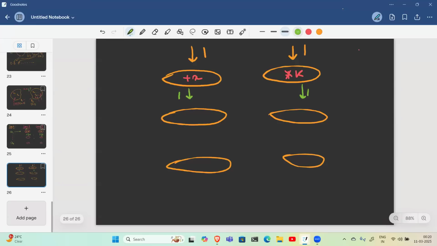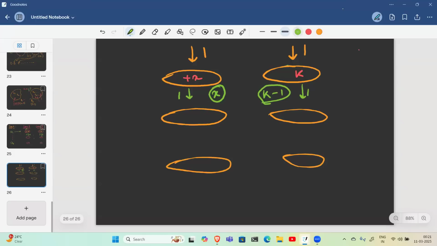Apart from that, x more people were born because it passed through the plus x gate. Similarly, this gate multiplies the total number of people, so after coming out, the total number of people becomes k. Out of that, 1 is original, and the remaining k minus 1 people are new.